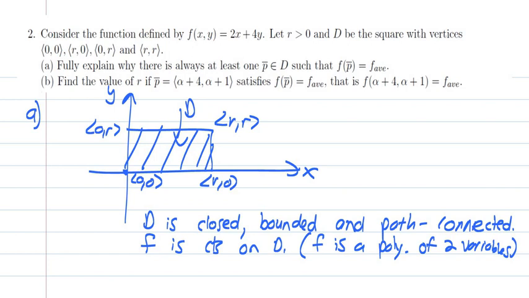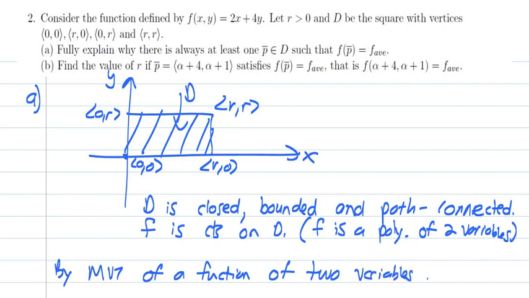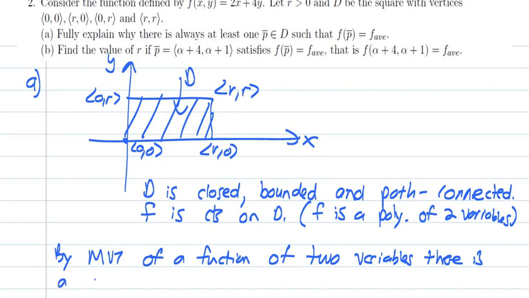And so we can say, by the mean value theorem of a function of two variables, there is a P in D such that the average is attained. So if you evaluate F at the point P, it is equal to F average.